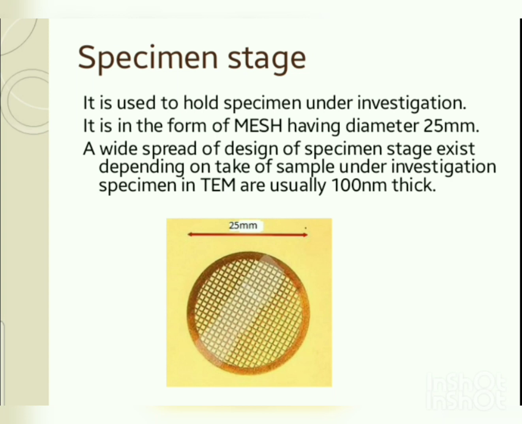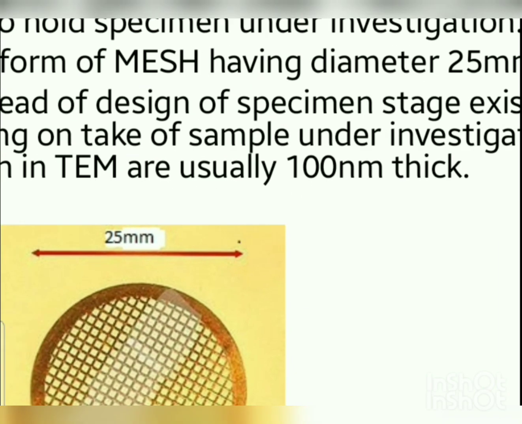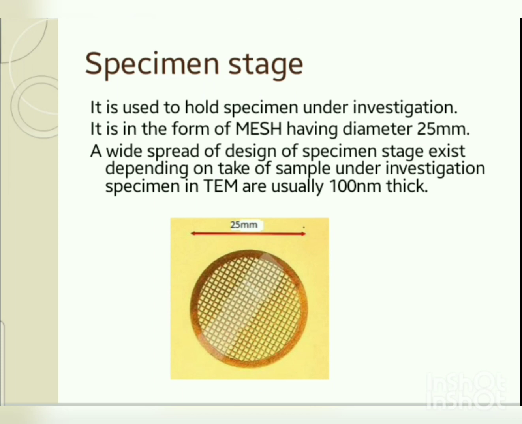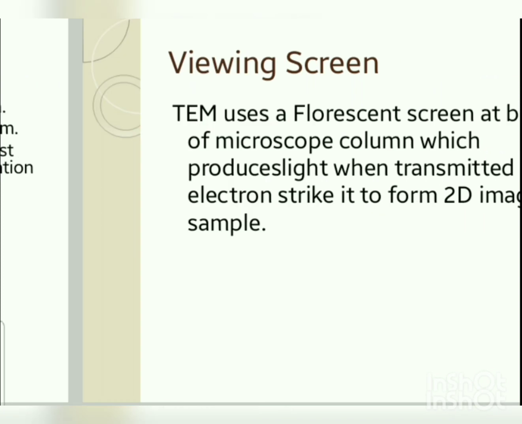Specimens in TEM are usually 100 nanometer thick, so it is a very small thing, which is not visible to our eyes as well. So that's why we use TEM to resolve this.